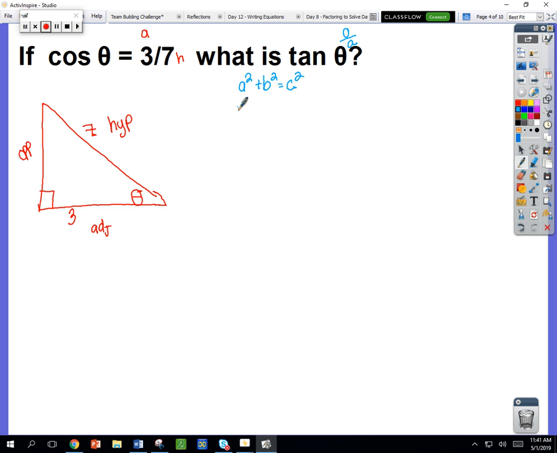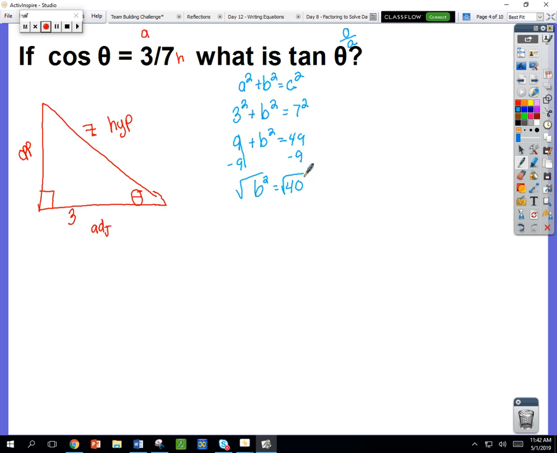So A would be 3 squared plus, I don't know this other side, equals the hypotenuse, 7 squared. 9 plus B squared equals 49. Trying to get B squared by itself, so I would subtract 9. And I get B squared equals 40.